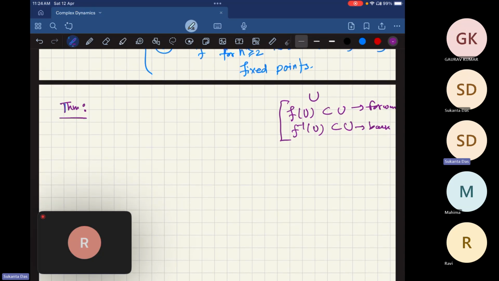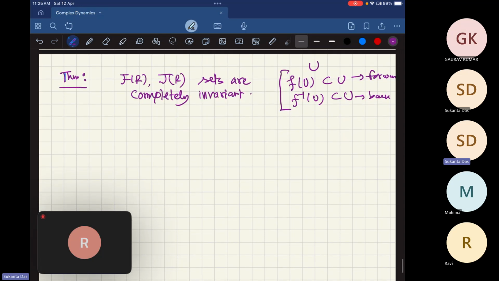The thing is that for rational maps, and even for transcendental maps, the Fatou set of R and the Julia set of R, these two sets are completely invariant. Maybe it is a good exercise for you to check this just by the definition of equicontinuity.